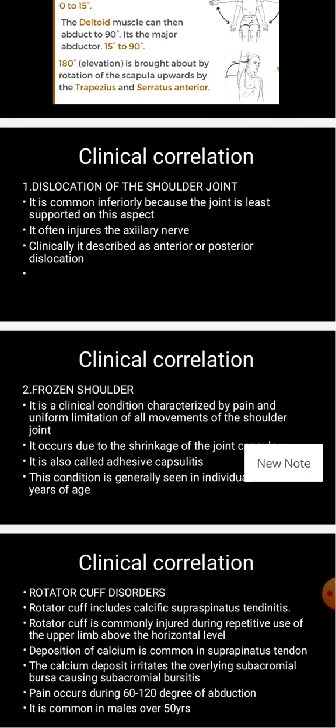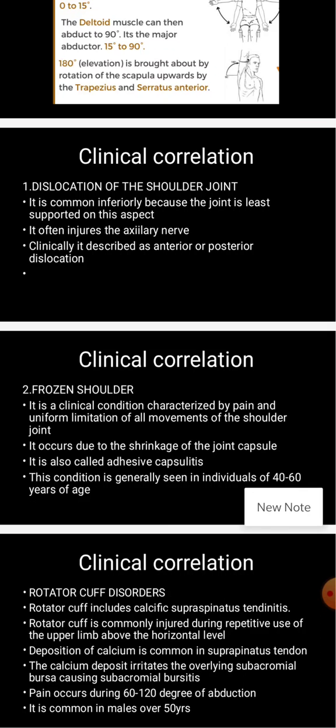Due to this calcium deposit, it irritates the overlying subacromial bursa, which results in subacromial bursitis. That means inflammation of the bursa. Bursitis, wherever you see itis, it means inflammation. The pain occurs especially during 60 to 120 degrees of abduction. It is commonly seen in males over the age of 50 years.